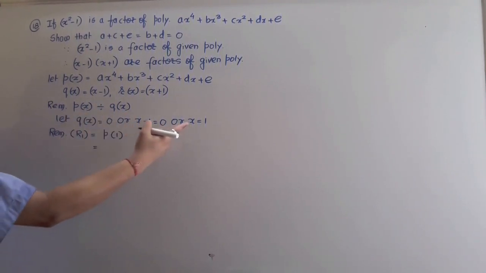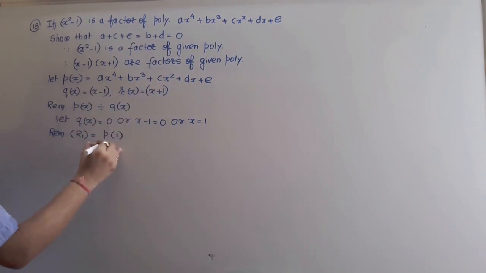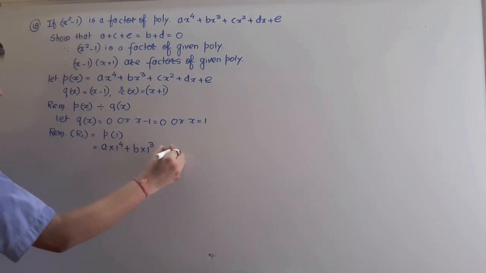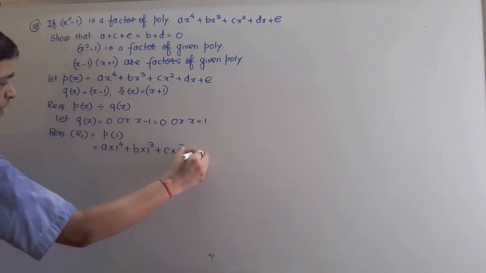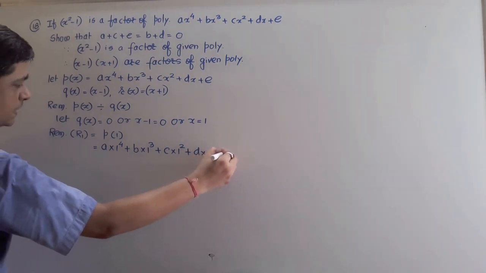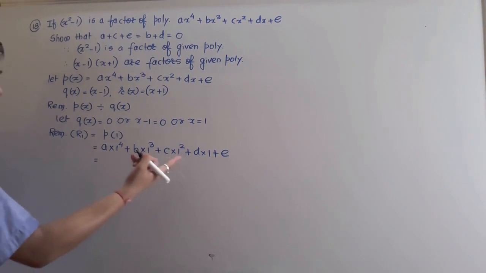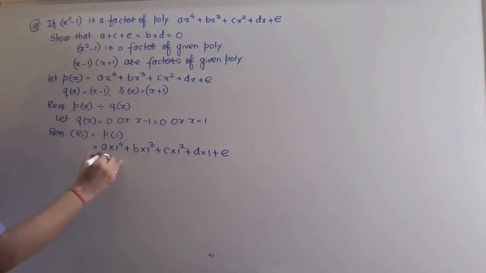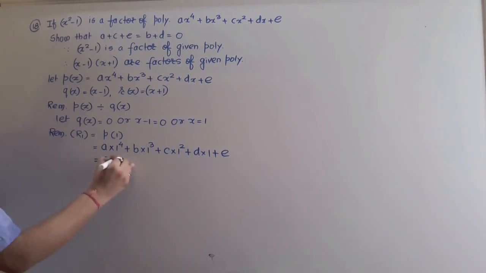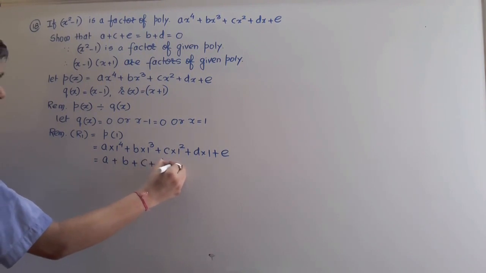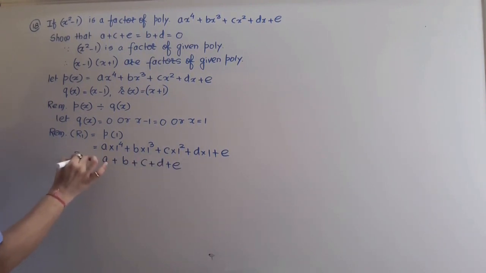Now keep the value of x equal to 1 in the polynomial, that is a into 1 to the power 4 plus b into 1 to the power 3 plus c into 1 to the power 2 plus d into 1 plus e. Now 1 to the power 4 is also 1, and 1 to the power 3, 1 to the power 2 is also 1. So everywhere it remains 1, and a multiplied into 1 or b multiplied into 1 will remain the same only, a plus b plus c plus d plus e. This is the value of R1.